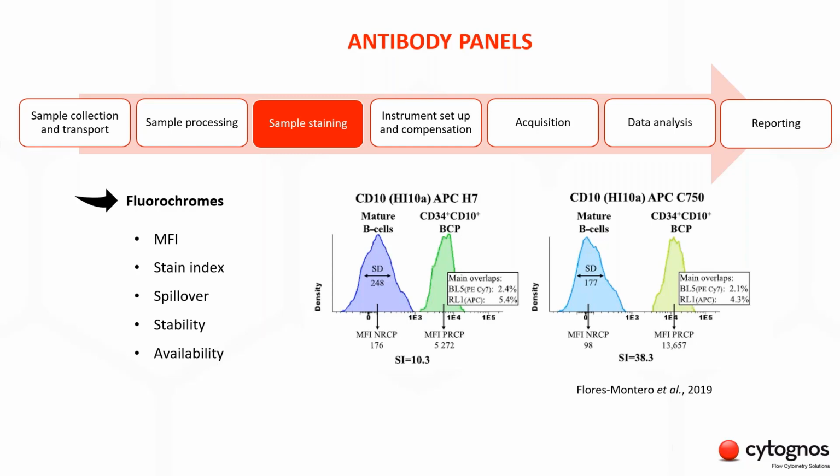Here we have an example illustrating the comparison between two fluorochromes, the APC-H7 and the APC-C750, conjugated with the same antibody clone, the CD10, and tested in the same sample under the same conditions. We see that the APC-C750 shows a brighter MFI, which provides a better resolution between the positive and the negative population.